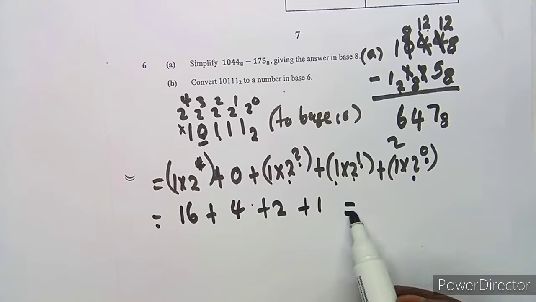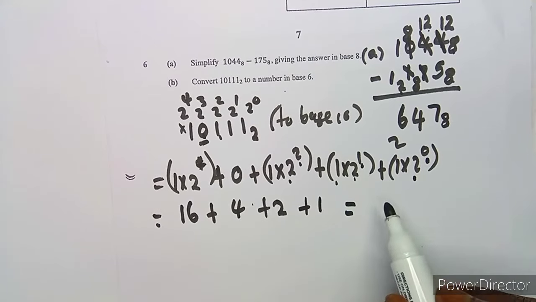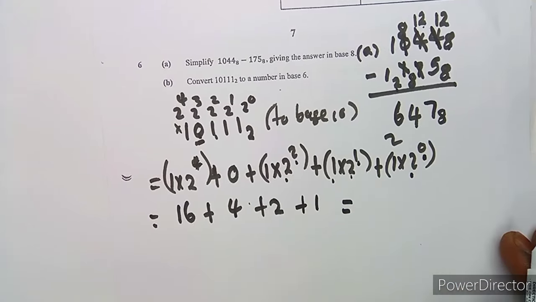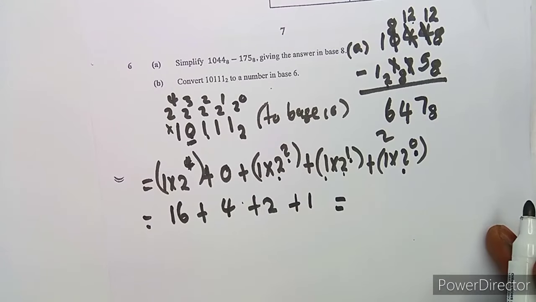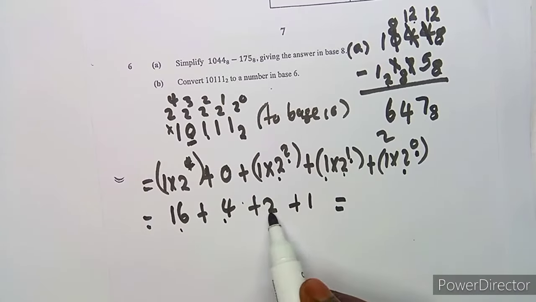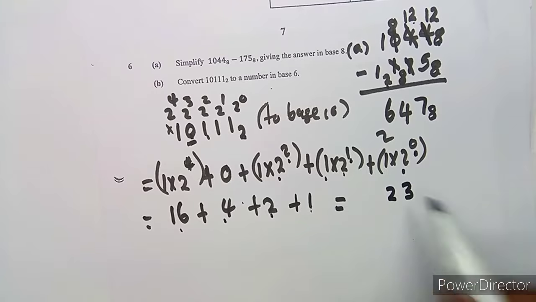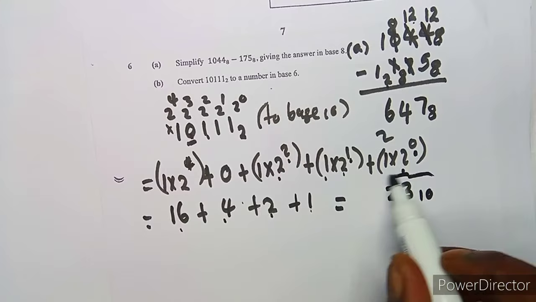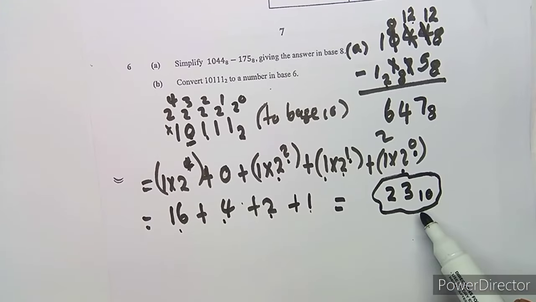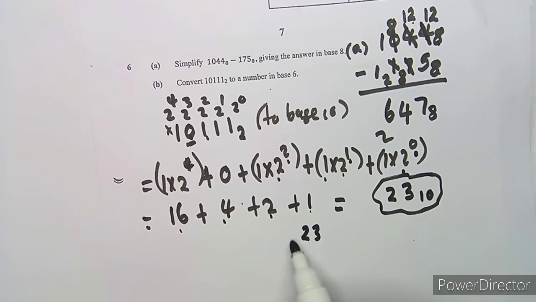So add everything, you are going to obtain 23. So you've got 23 here, which is in base 10. So remember how you convert now from base 10 to base 6, where you need to divide by the given base. In this case, you've got 23 divided by 6.